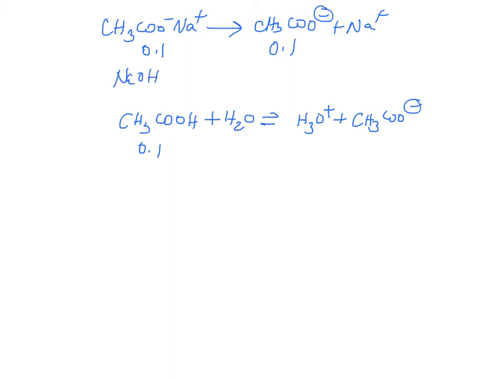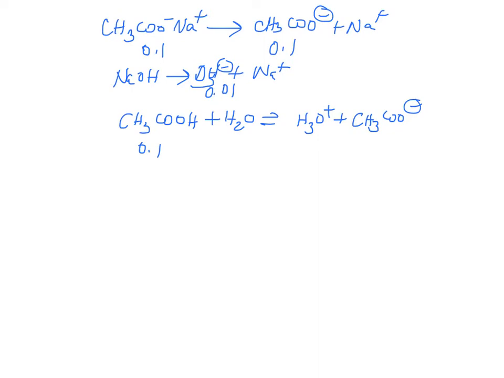It completely ionizes. It will provide you OH- and Na+. How much OH- would it provide? 0.01. And that OH- is going to react with the acetic acid component of the buffer.